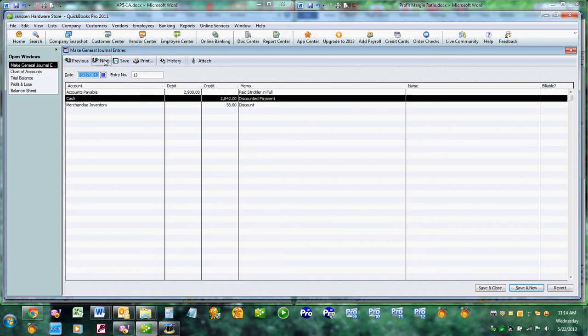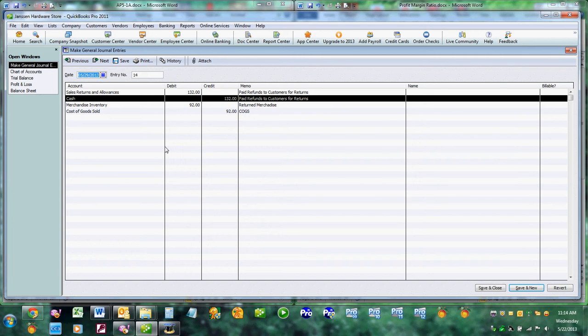Then on the 29th, made refunds to cash customers for returned merchandise, $132. The returned merchandise had cost of $92. That would be a debit to sales returns and allowances for $132, and a credit to cash, $132, cash going out. And then a debit to merchandise inventory of $92 and a credit to cost of goods sold, $92.